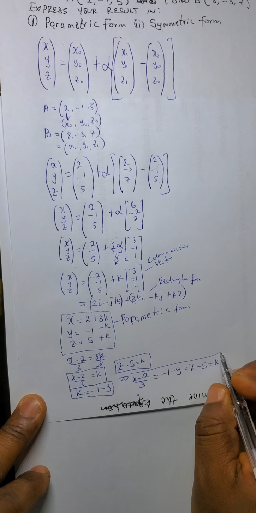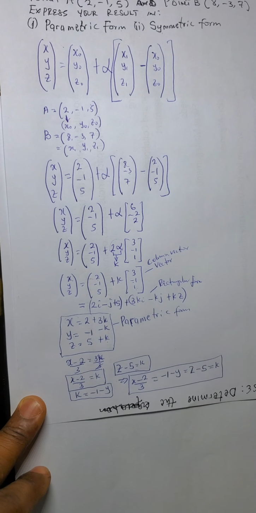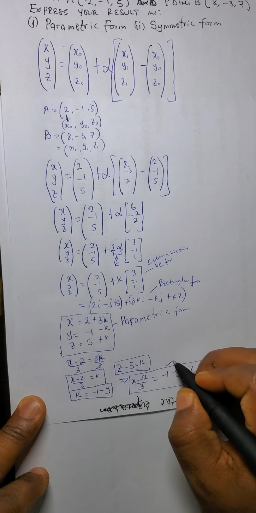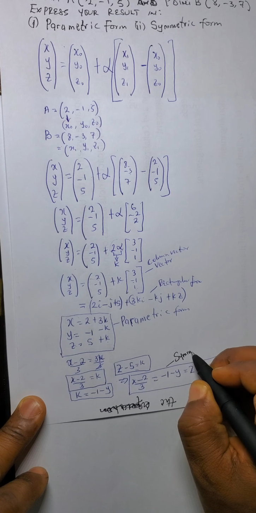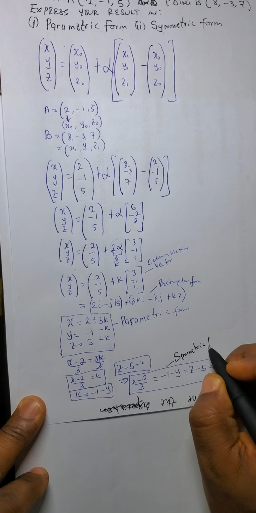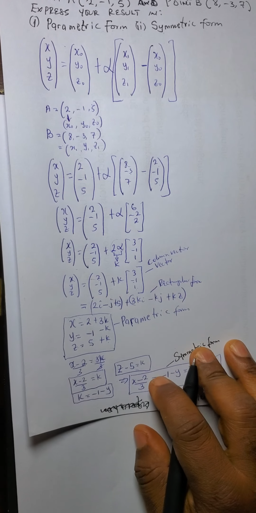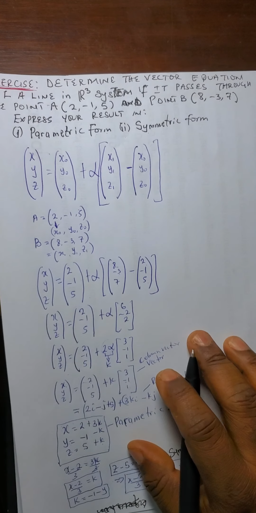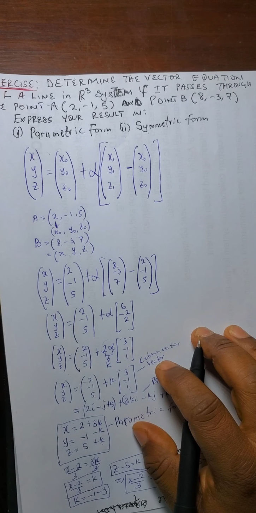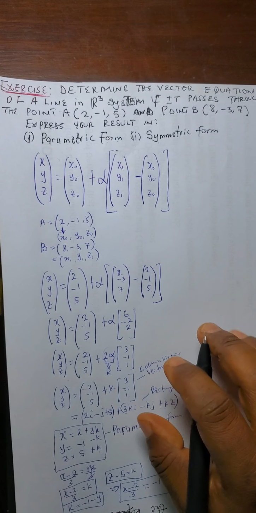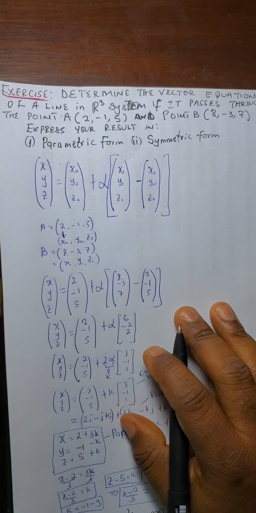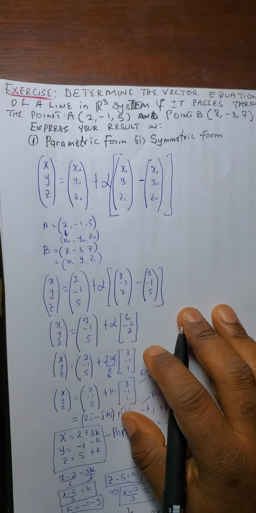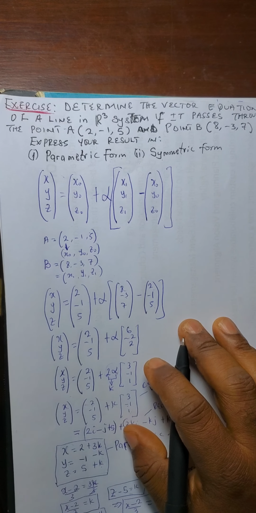So this expression I have here is known as the symmetric form. So this is the end of the proof of the formula for the vector equation of a straight line, and a related exercise concerning this particular topic.